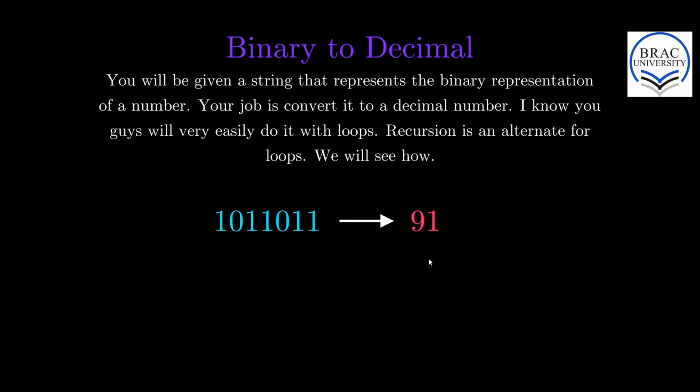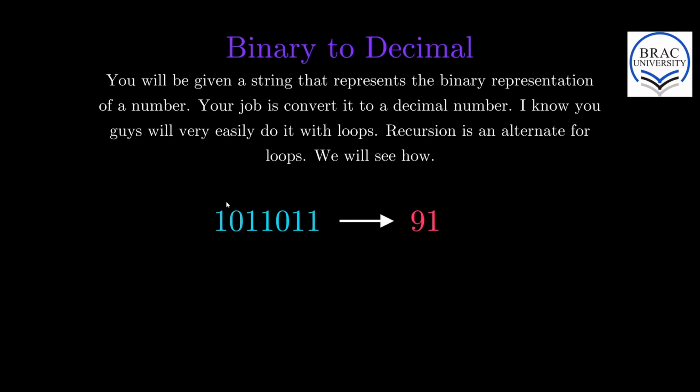If we want to convert this number into a decimal number, let's first do this character by character. If we just want to convert the first character, which is just 1, its binary equivalent will be 1.